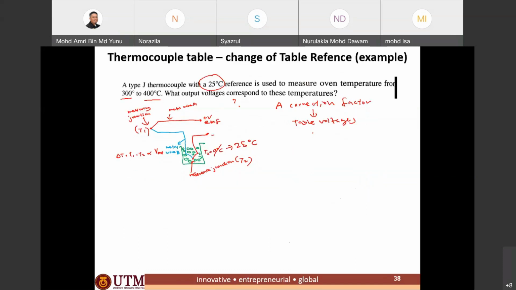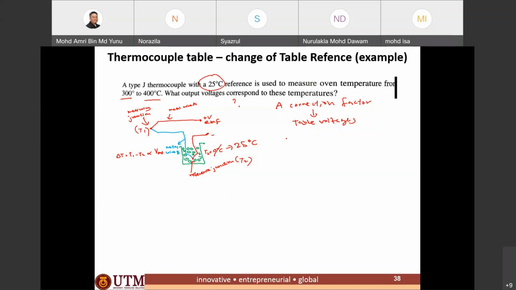But our standard table shows the output for a 0 degrees Celsius reference junction. So that correction factor is simply the table voltage for a temperature of 25 degrees Celsius. That is the reference.